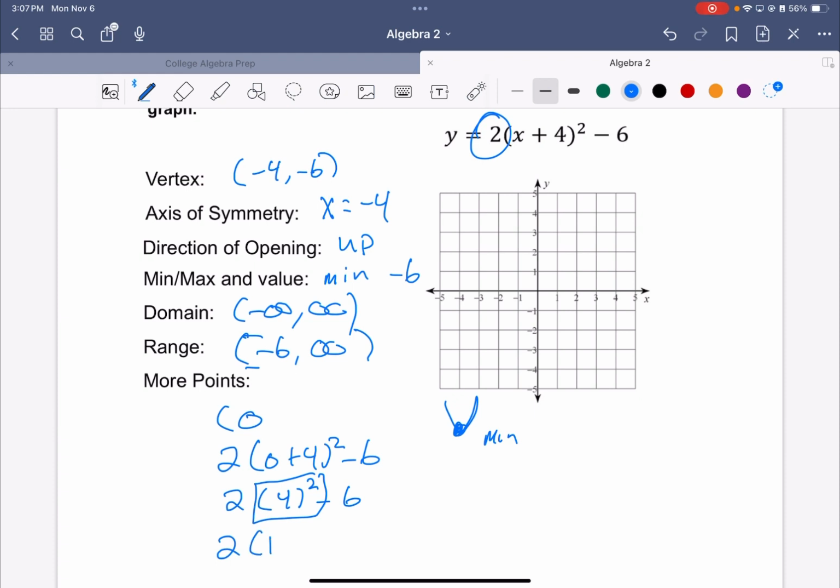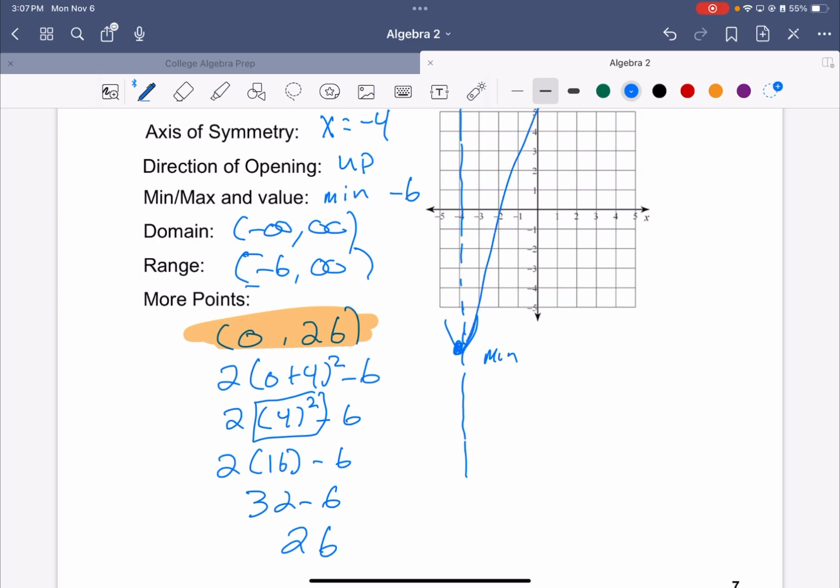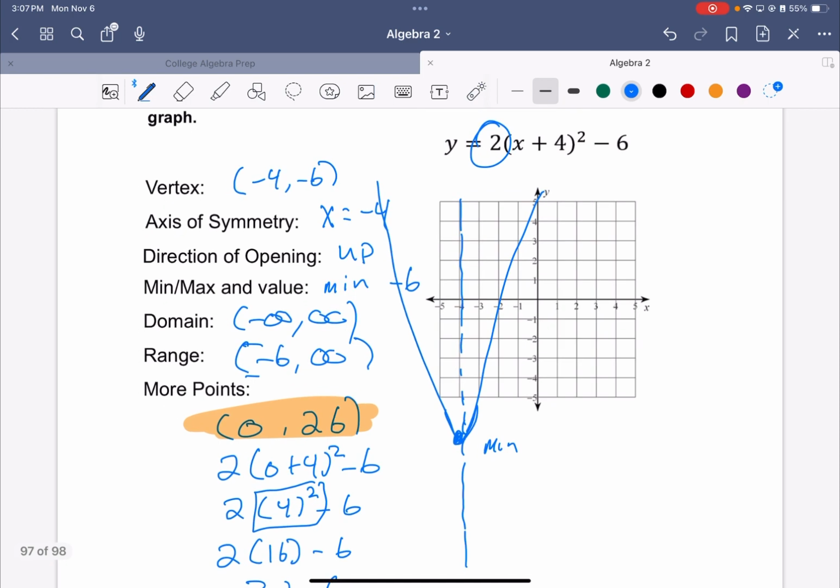So that's 2 times 16 minus 6. 32 minus 6 is 26. So I've got the point 0, 26. Okay, so I didn't draw the axis of symmetry line in there. I should have. So it's going to go way up there somewhere. Okay, so we can pretend that that's the point.